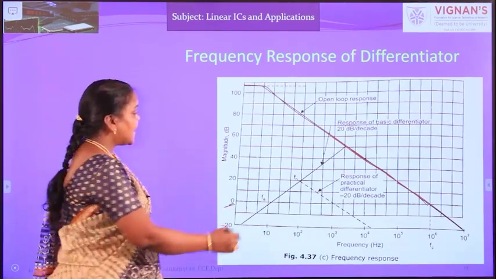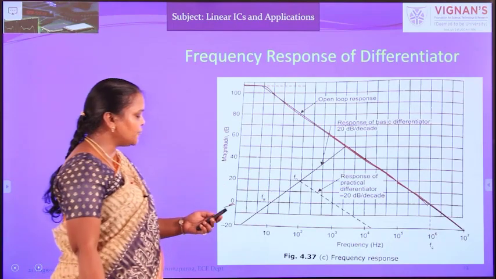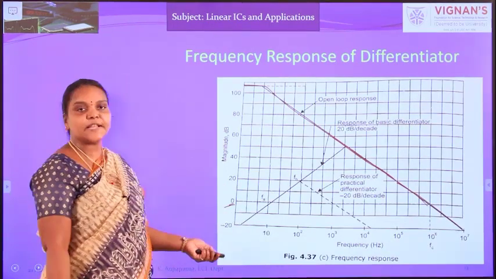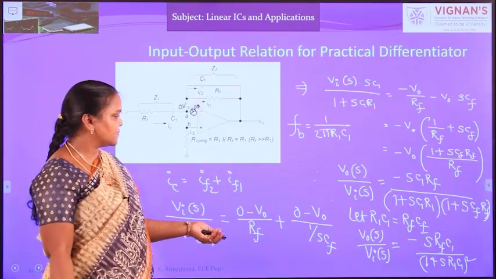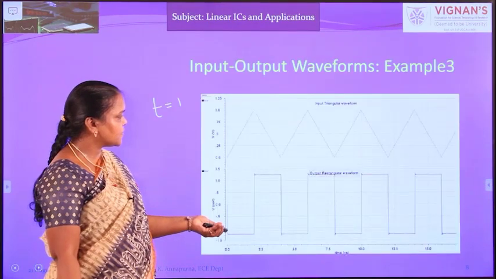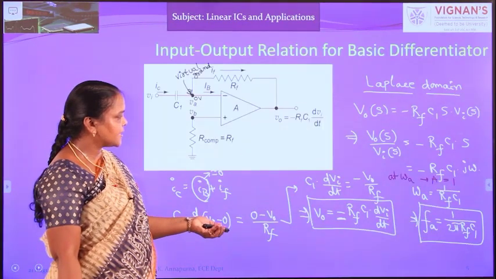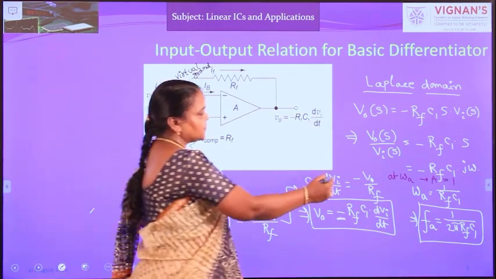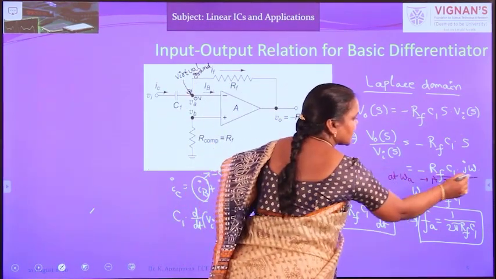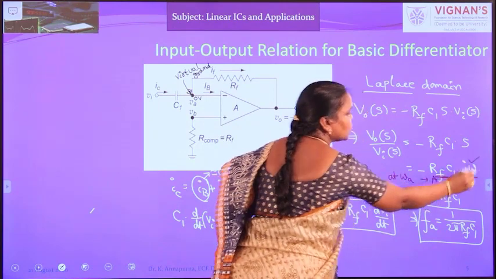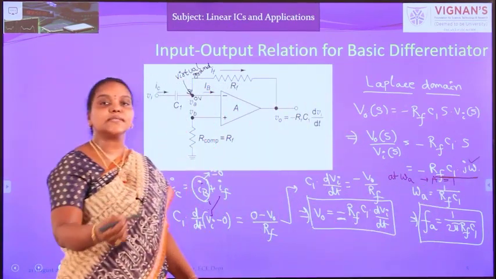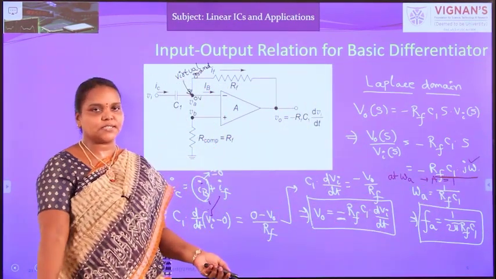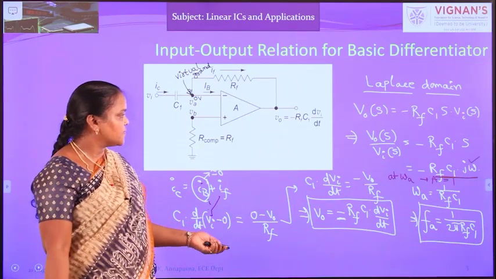Okay, and next, if you see the response, it is directly proportional to frequency. See the frequency response or the gain expression. Okay, what is the gain expression? If you see this, it is directly proportional to omega. As frequency is increasing, the gain is increasing. So that you can observe here.